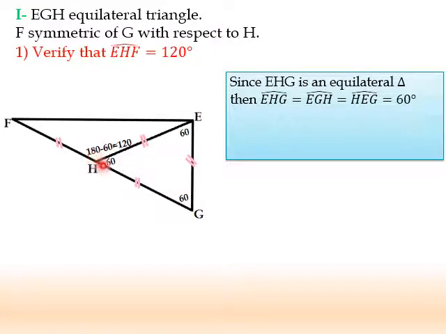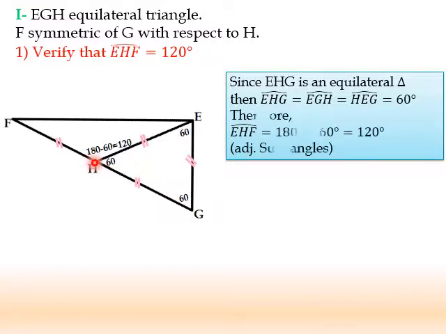If I look well, FHE and EHG are adjacent supplementary angles, so their sum equals 180 degrees. So to find the measure of FHE, we say that it's 180 minus 60, which is 120 degrees, and that's how we verified it.